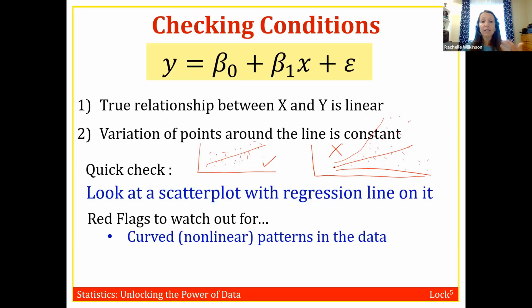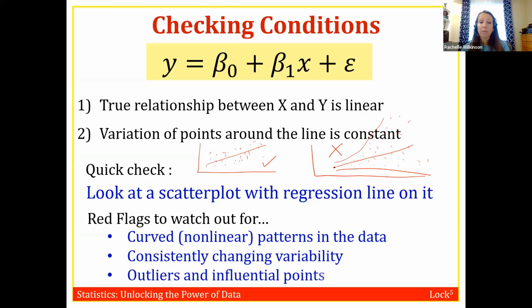So the red flags that we're looking for on our graph that would indicate that we don't meet the conditions would be a curved or nonlinear pattern, consistently changing variability, or outliers and influential observations. So this is a more technical sounding way to look at the red flags.